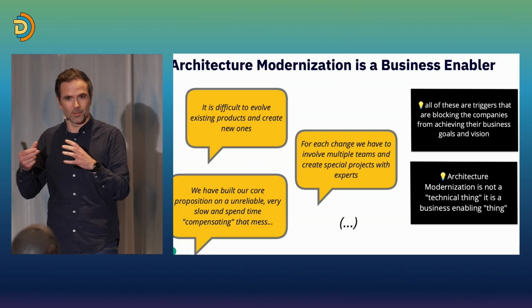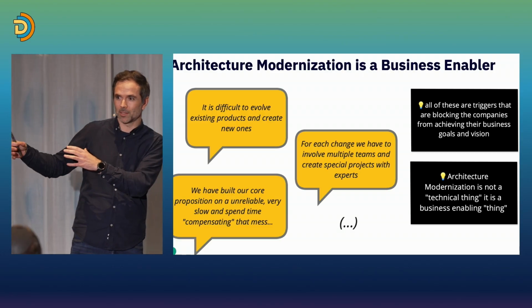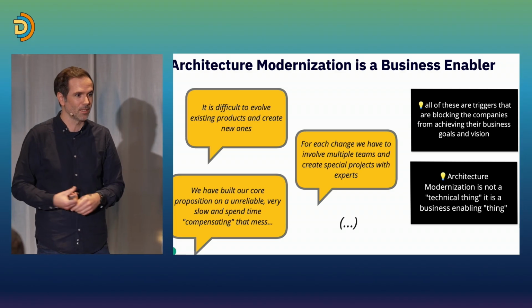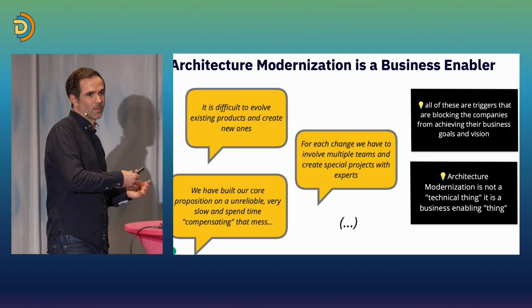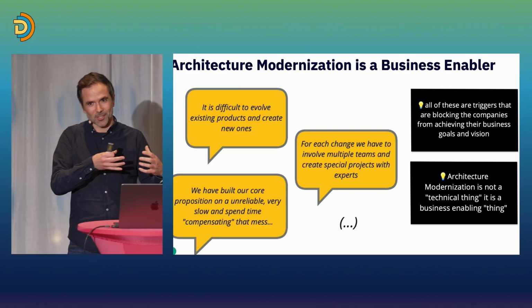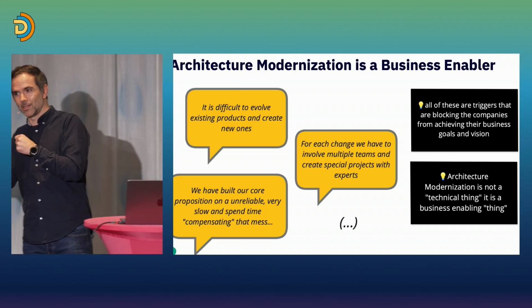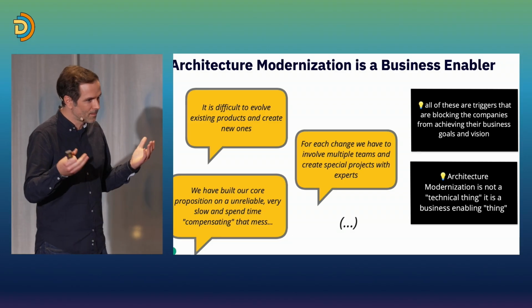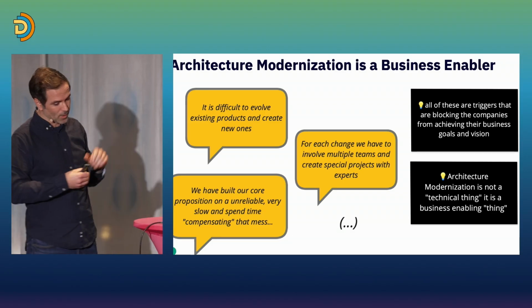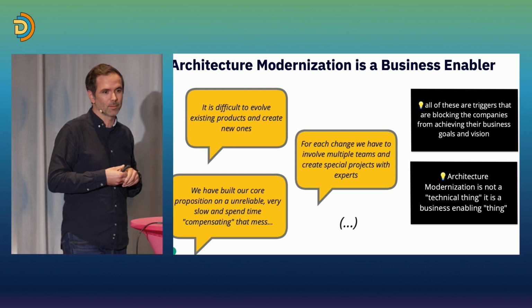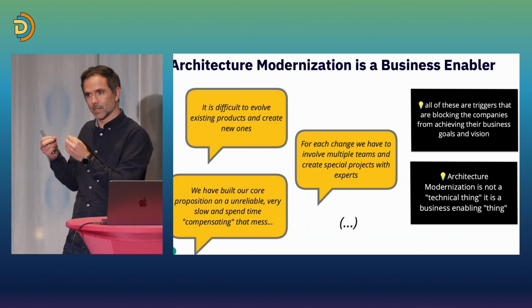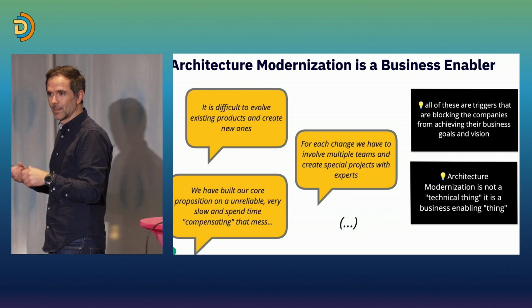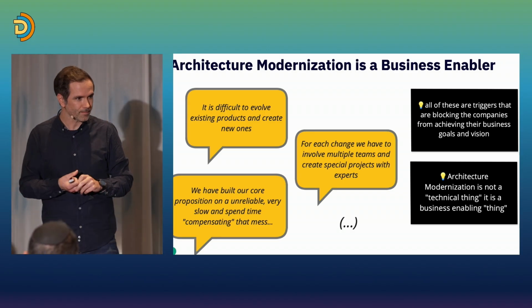So your core domain models on someone else's platform, and you can't change anything. So you are building something on your side, trying to compensate for what that thing is failing. And the one more here to the right, it's a classic, right? Every time we need to make a little change, we need to talk with 10 teams.